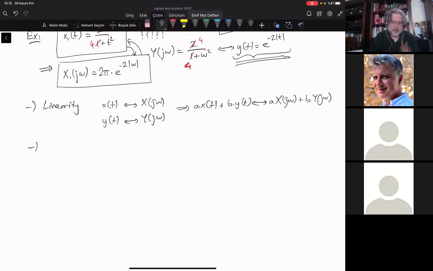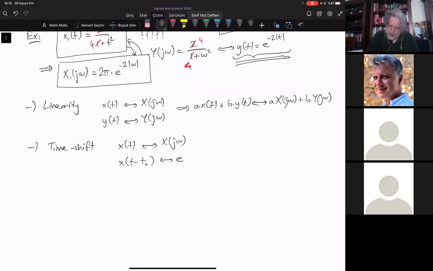The other thing, which is relatively important, is time shift. What happens to the Fourier transform of a signal when you apply a time shift to that signal? So x of t has a Fourier transform of capital X of j omega. So what is the Fourier transform of x of t minus t0, let's say? In terms of X of j omega, what is that? Again, it's very similar to the Fourier series.